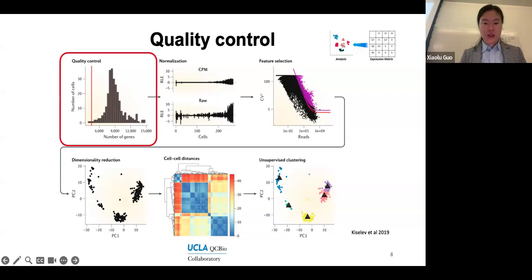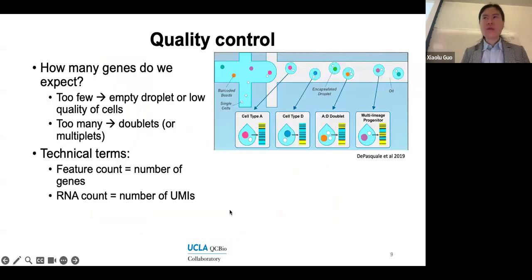As we already saw, there are dropouts, and some are just low quality cells. Another thing we need to consider about quality control is that we have an expectation of what true biological cells look like, how many genes and how many counts we expect.